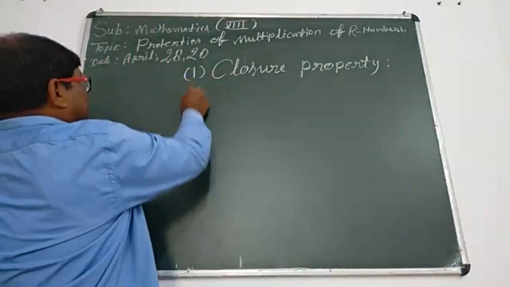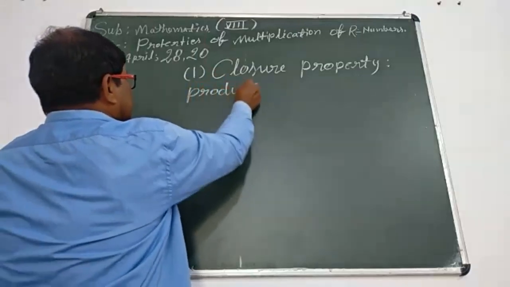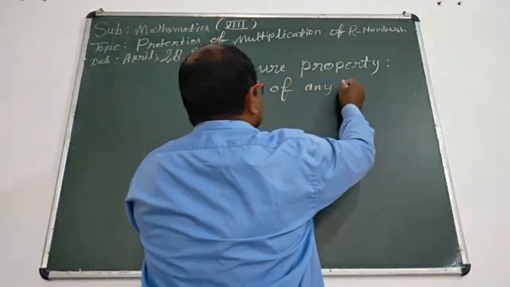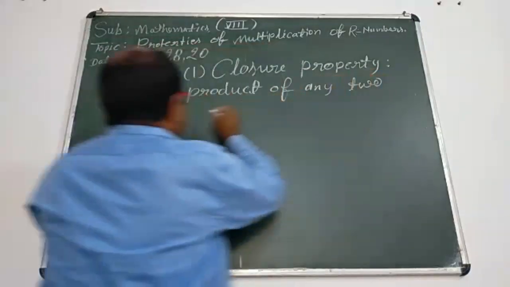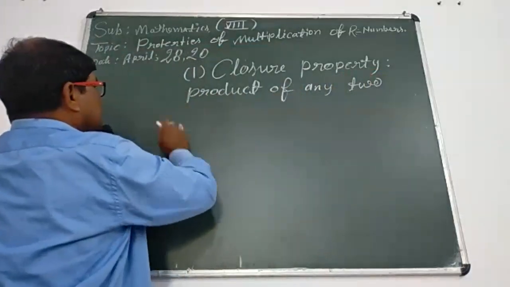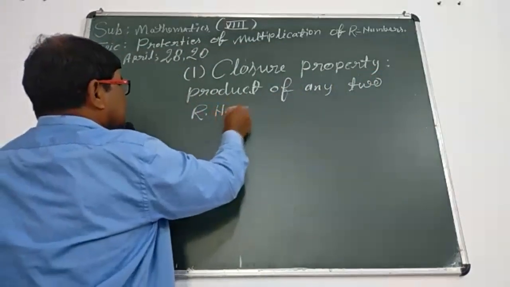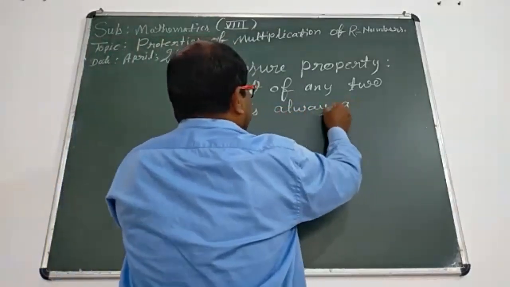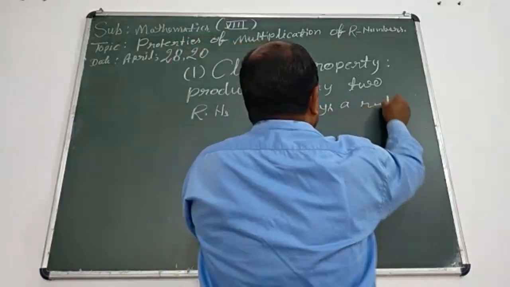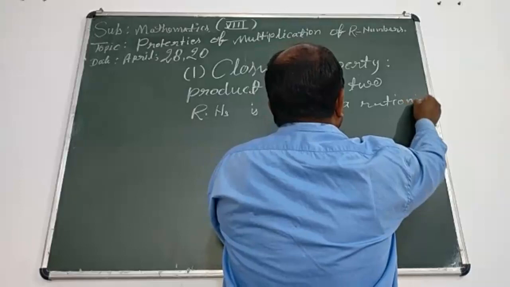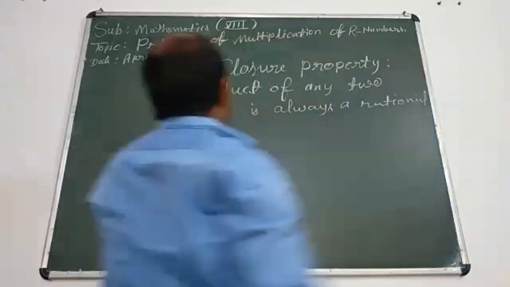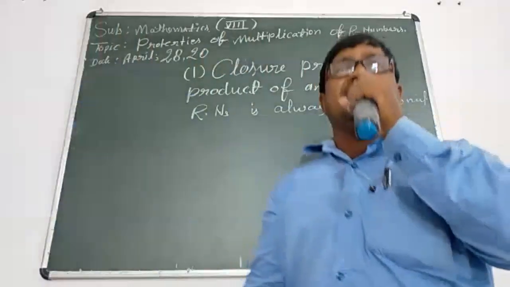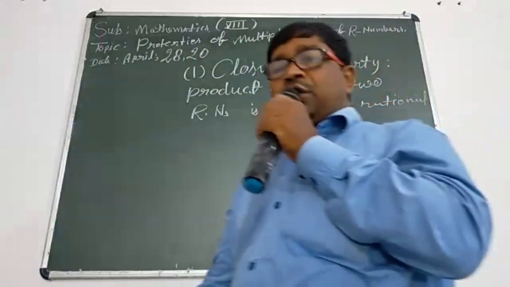You can write: the product of any two rational numbers is always a rational.